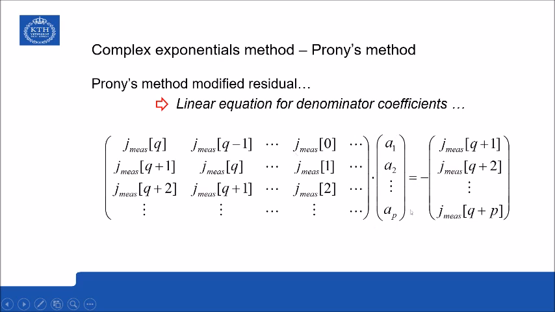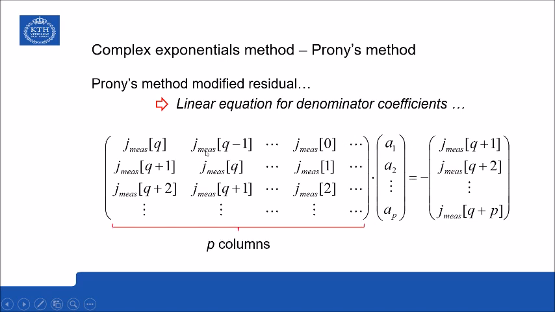The vector A is the denominator filter coefficients, and the right-hand side vector is also built up from the system's measured impulse response function. So from a sampled version of the impulse response function we can determine the denominator filter coefficients.